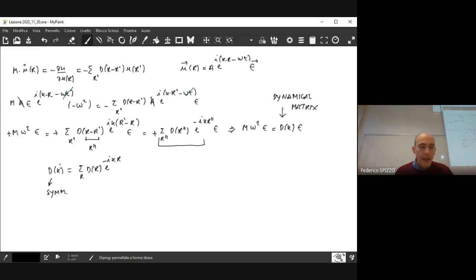Then what happens? K is a vector belonging to the reciprocal space. What happens if you make a translation of that?